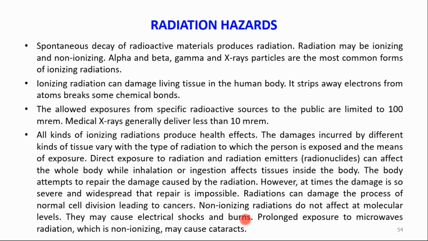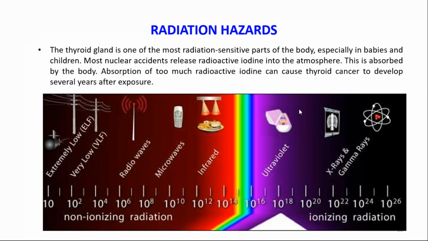So that is why we have to take care about these radiations, the ionizing radiations and non-ionizing radiations, and depending on their characteristics, the adverse health impacts are different, right? From this diagram you can understand what exactly the different ionizing and non-ionizing radiations are.